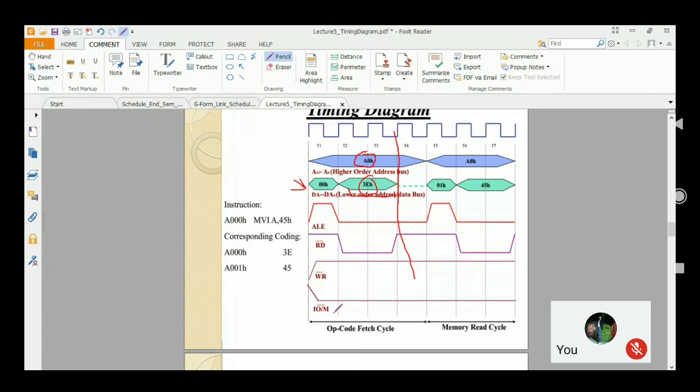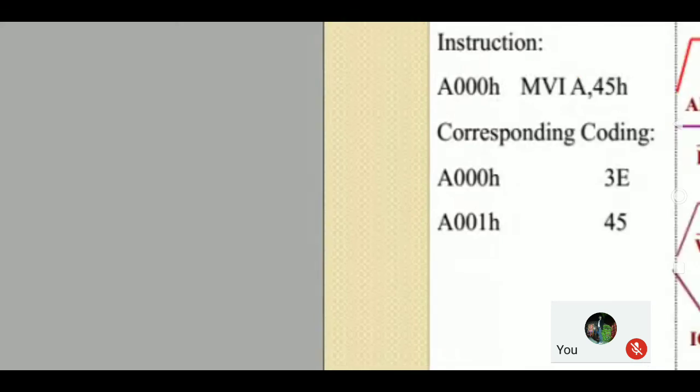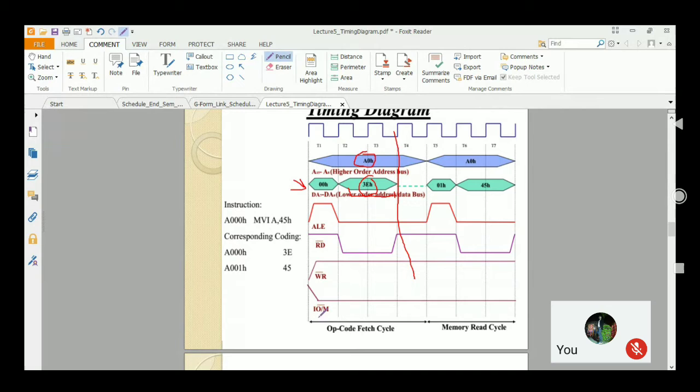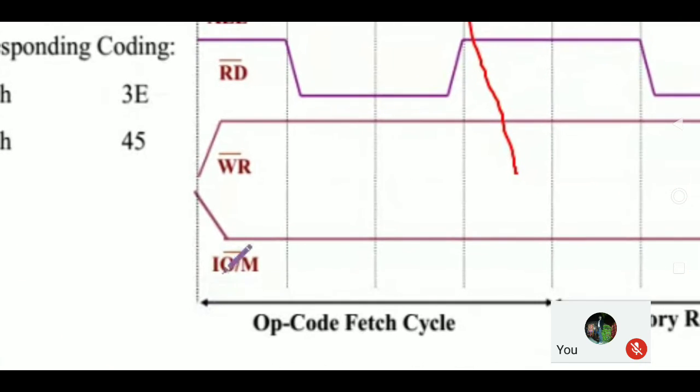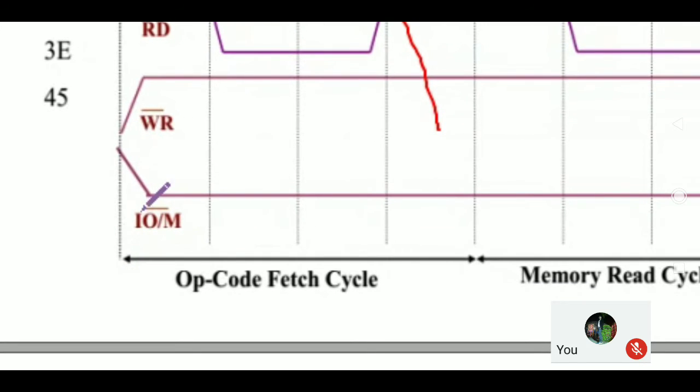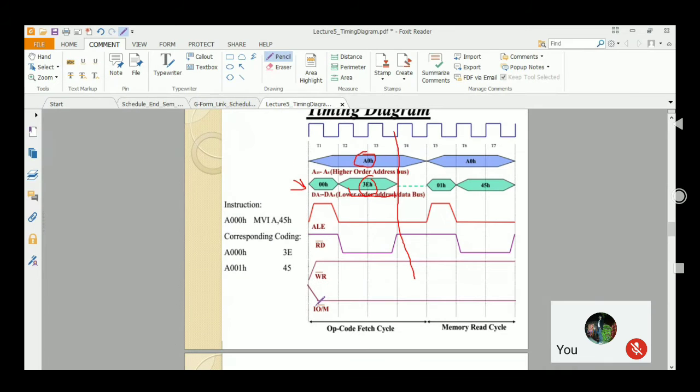But when I'm getting some input from the input operator, go and look at the timing diagram of IN and OUT operations, where they generate the input and output instruction. In that timing diagram of the IN and OUT operation, you will see that IO/M bar is always high, because that instruction generates the input and output operation.